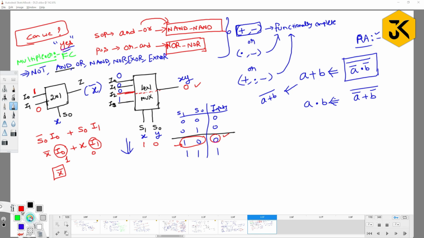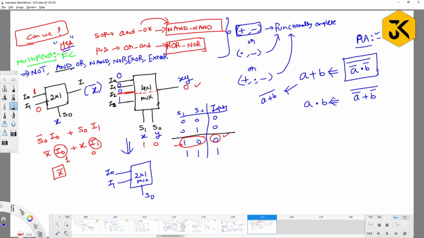In a 2 by 1 MUX, how many select lines are there? Only one select line, S0, and two input lines, I0 and I1. Now, how can we convert from a 4 by 1 MUX to a 2 by 1 MUX?